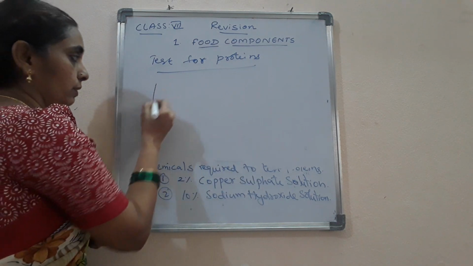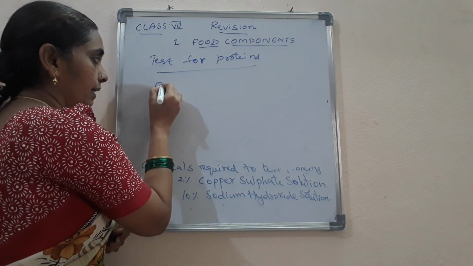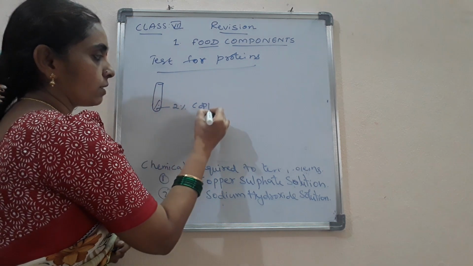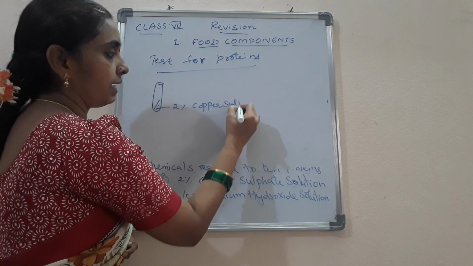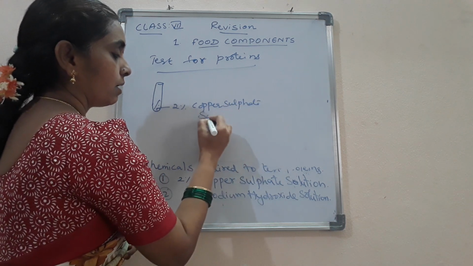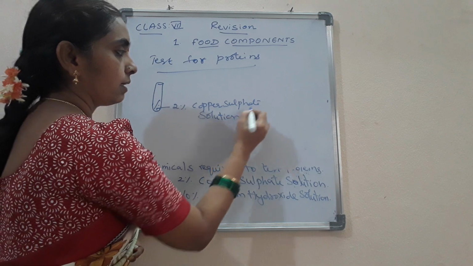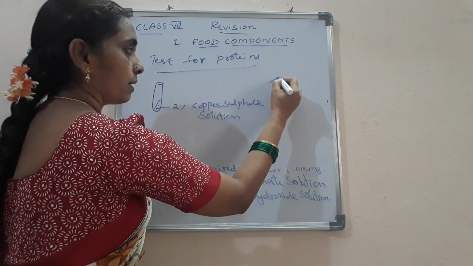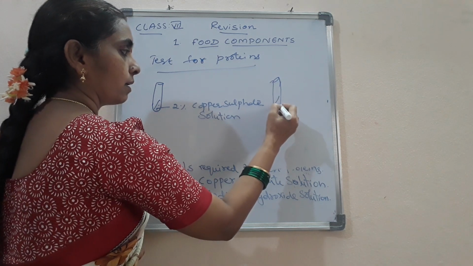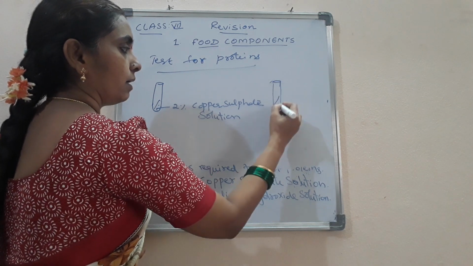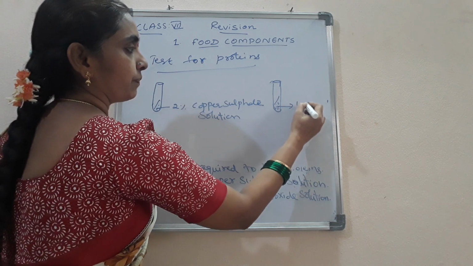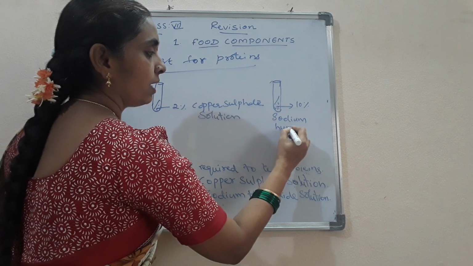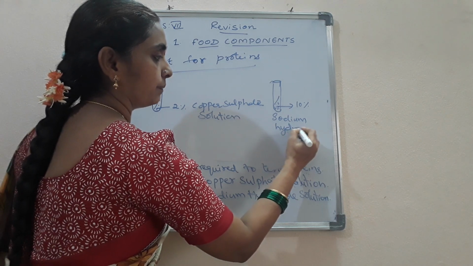You can take two test tubes, and one contains the 2% copper sulfate solution, and in another test tube you are going to take 10% sodium hydroxide solution.